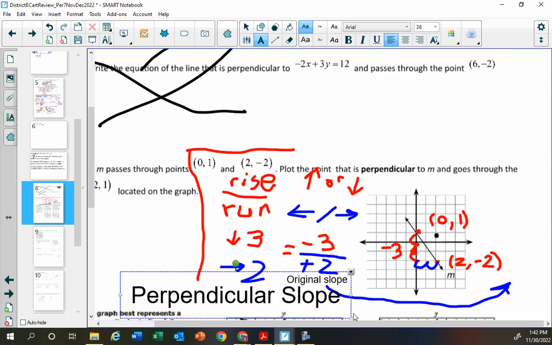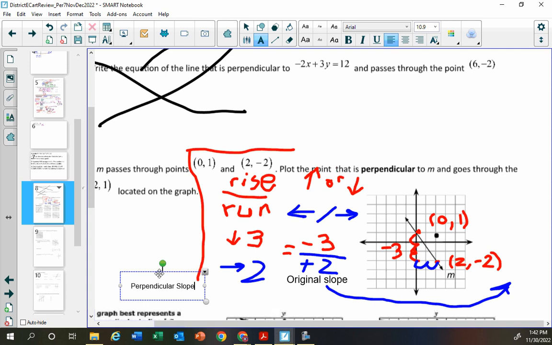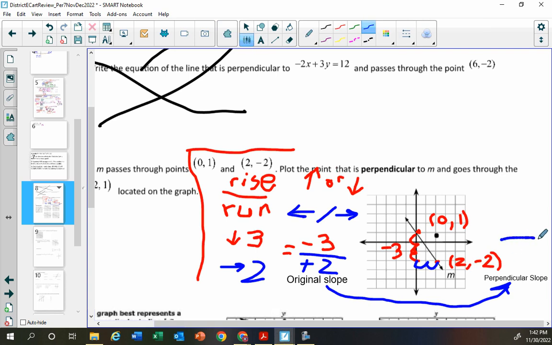What do we have to do with our original slope? Does anybody remember from last time? Okay, well, you're on the right track. So we'd have to make it opposite.